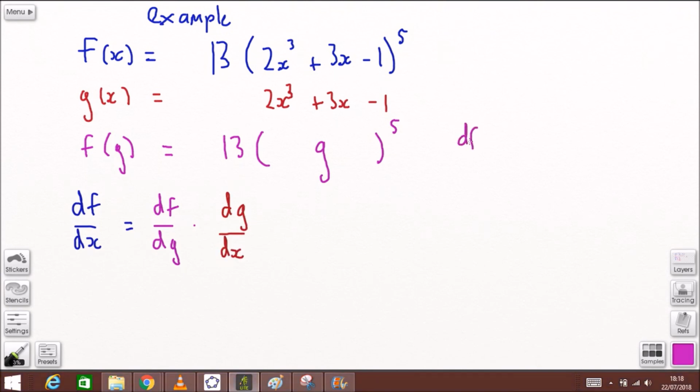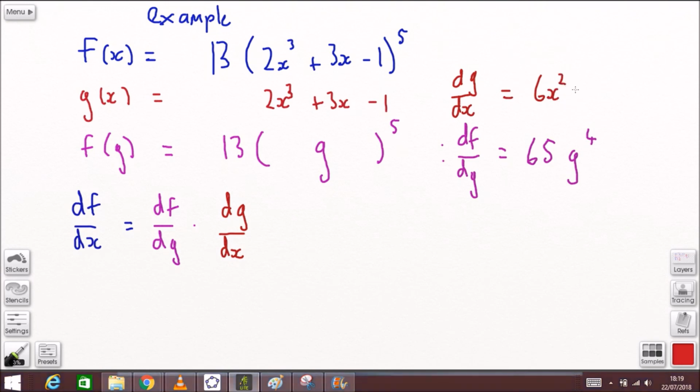To differentiate f with respect to x means we differentiate f with respect to g, which is 65 g to the power of 4, and then we multiply that by the derivative of g with respect to x. So that is 6x squared plus 3.